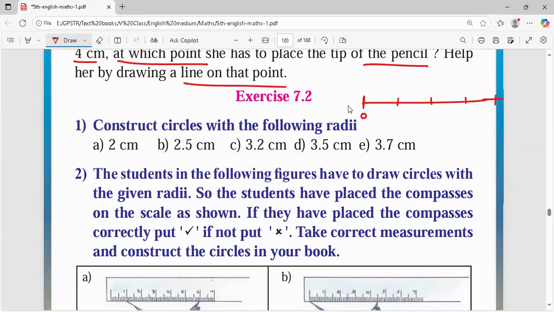In between, millimeters are there. 1, 2, 3, 4, up to your scale's 15 or 30 centimeter. Using scale and compass, measure the given radii and draw a circle.